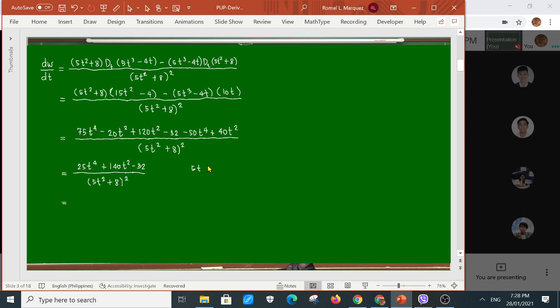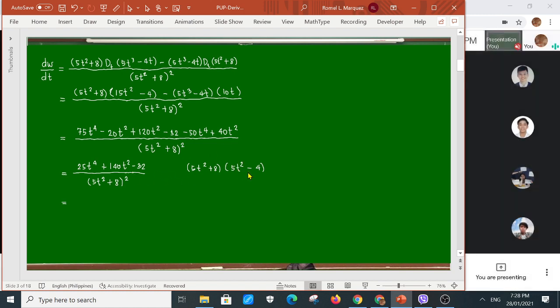5t is, titingnan natin ha, kung 5t squared plus 8 ang isa, dapat, ito yung maging sagot, no? O, lingnan na. Pag hindi, huwag na natin i-factor. Kasi wala naman pala makakancel. O, 5t squared, and then minus 4. O, check nyo. Is it the middle term, children? Ay, tama ba? Is it the middle term, guys? 40.